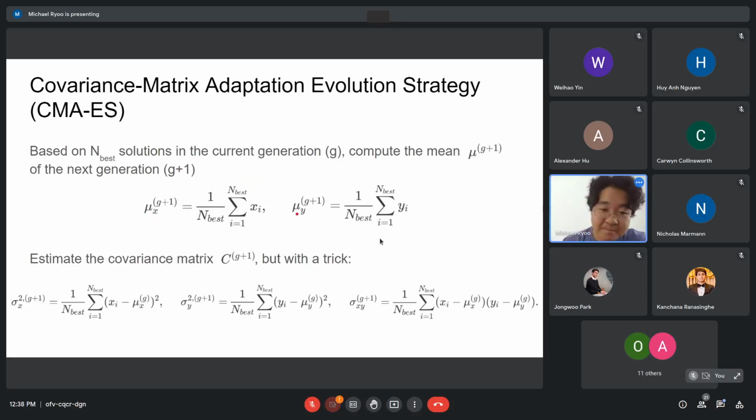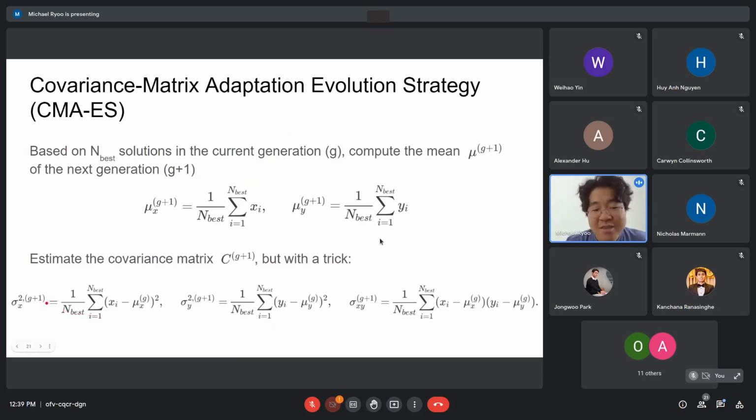Pretty simple. In addition to this, we try to update the covariance matrix. So here we are trying to compute not just a single variance, but we are assuming a Gaussian distribution with a covariance matrix. So we need to compute this value, and this value.